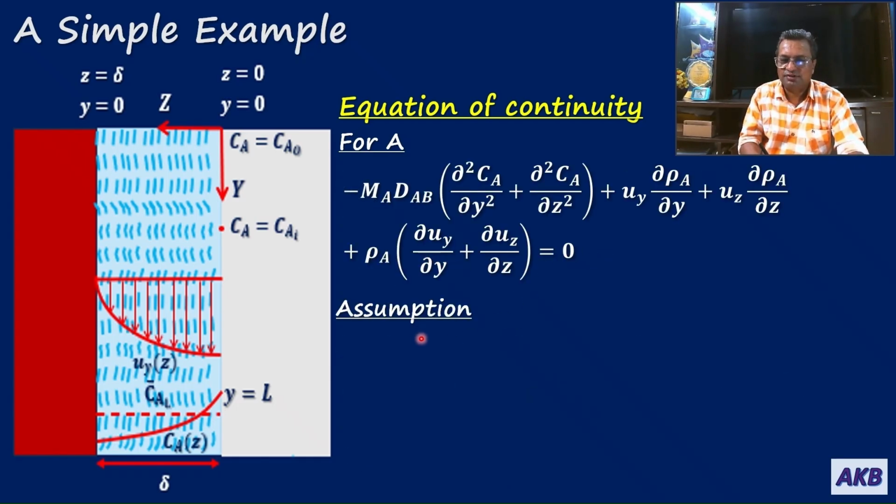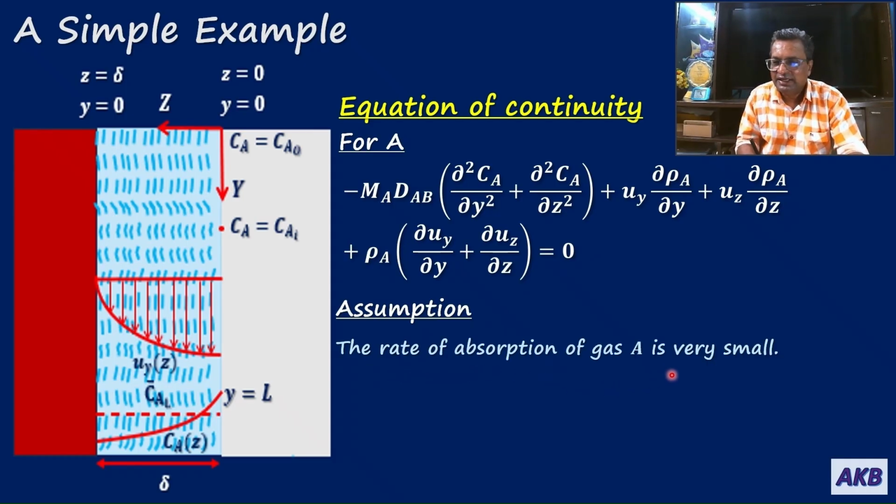So previously we got this equation. Now let us look at the next assumption. The next assumption is that the rate of absorption of gas A is very small. The meaning is that Uz, the velocity in the z direction, is very small, so Uz is 0. We will use that. Uz appears in this term and this term, so both will become 0.